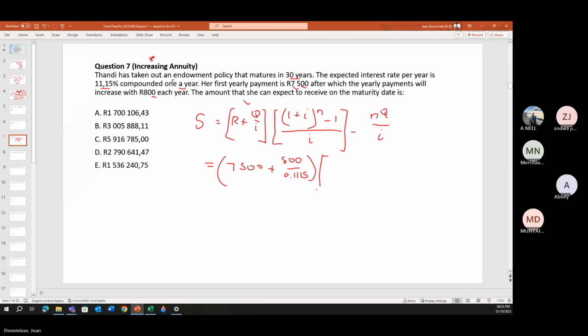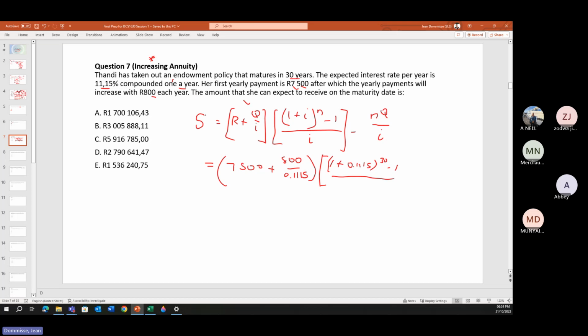Then let's see what is in here. 1 plus 0.1115. N, they told us it's 50 years. That is perfect. No catches, not saying anything about twice a year or quarterly.